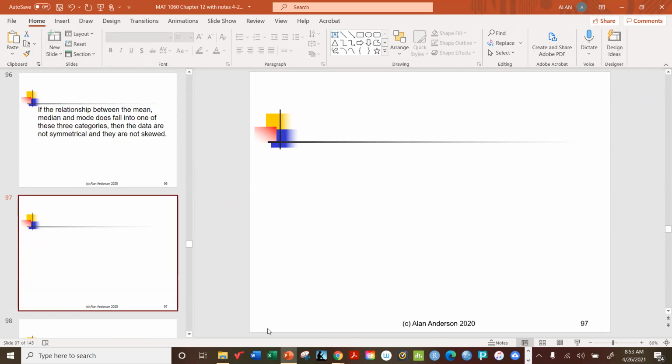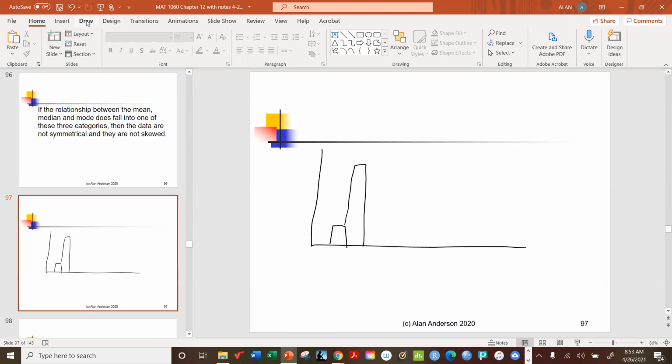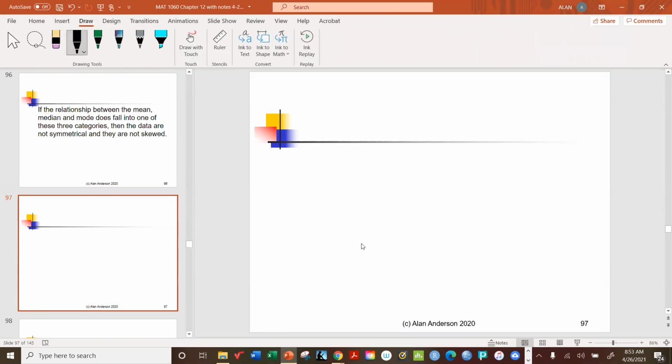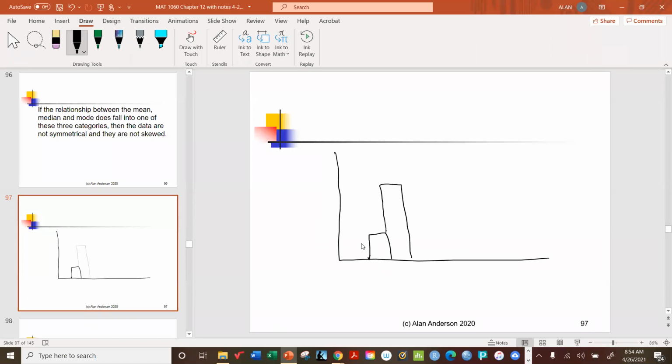Suppose you had something like this going on. Well, you can see it's just a mess.